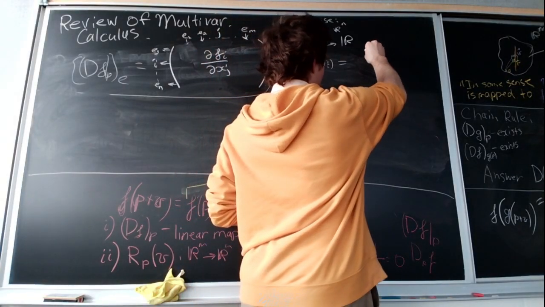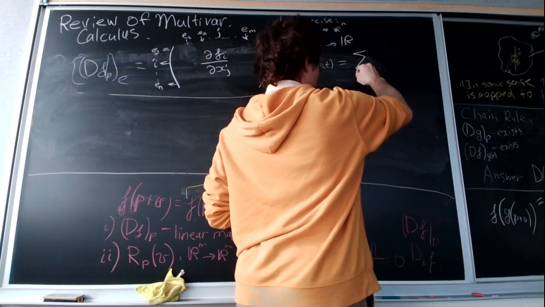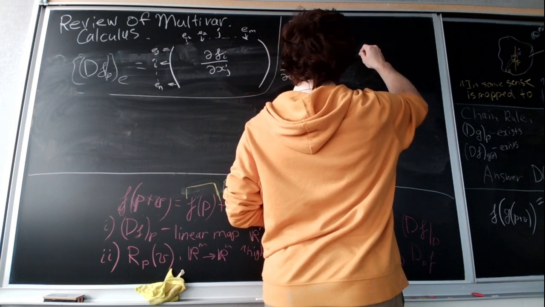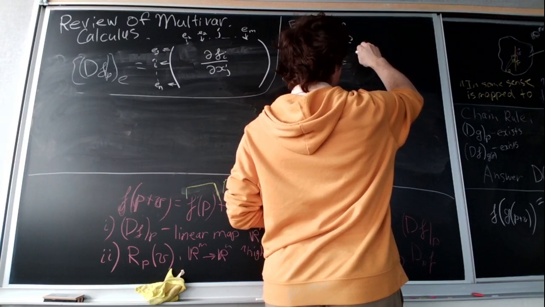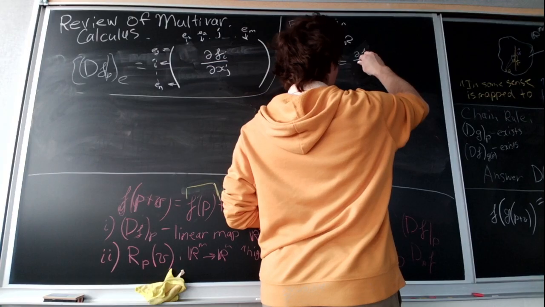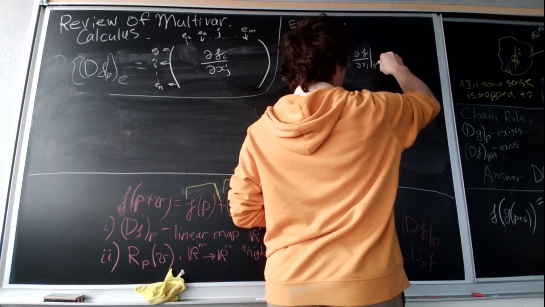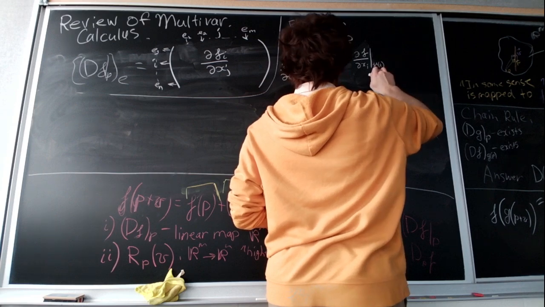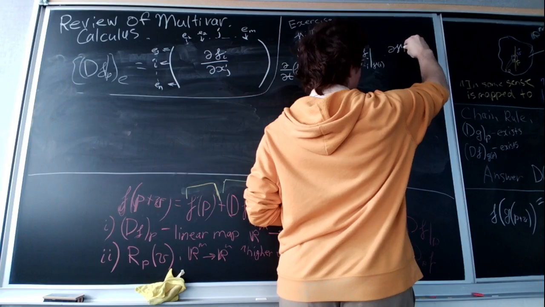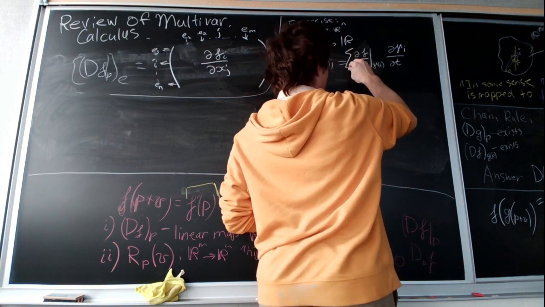Show that this is the sum over j of partial f partial xj at gamma of t times partial gamma j partial t.